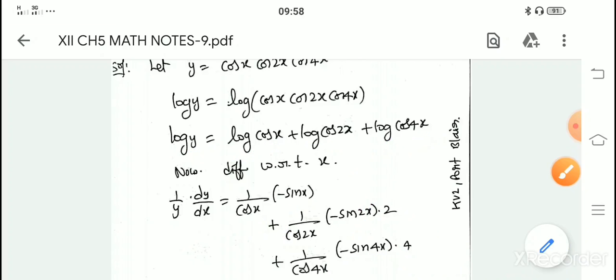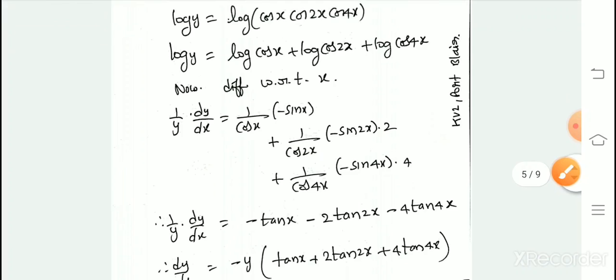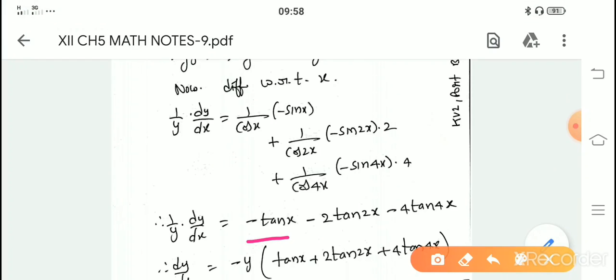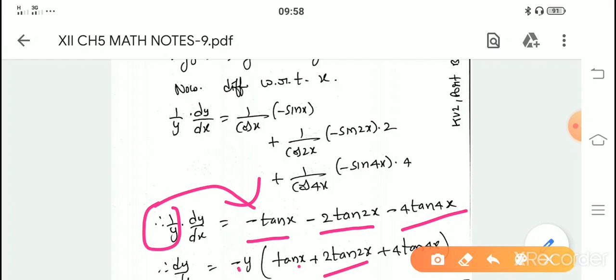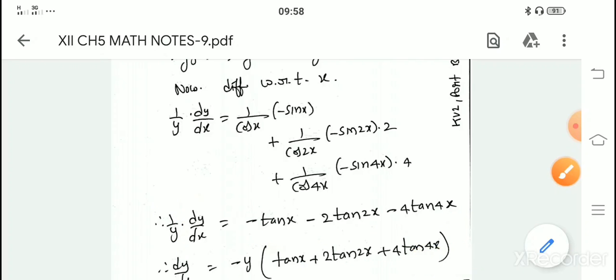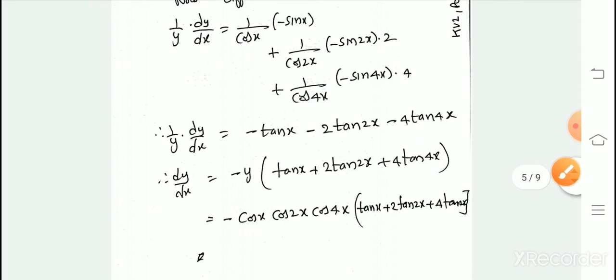After simplification, I get minus tan x minus 2 tan 2x minus 4 tan 4x, because sin by cos is tan. Take minus common, then this y also goes to this side: minus y into tan x plus 2 tan 2x plus 4 tan 4x. That is the differentiation of the given function cos x, cos 2x, cos 4x.